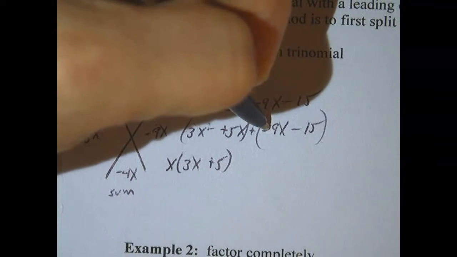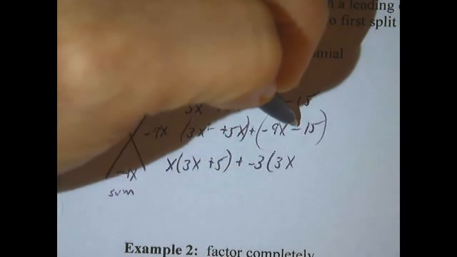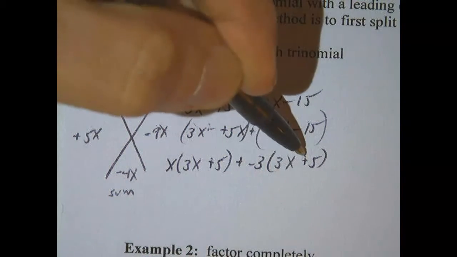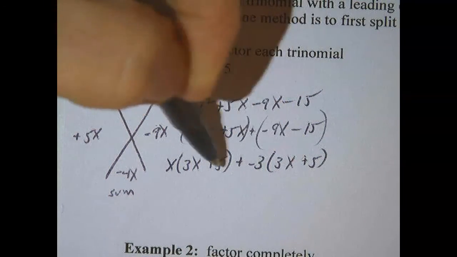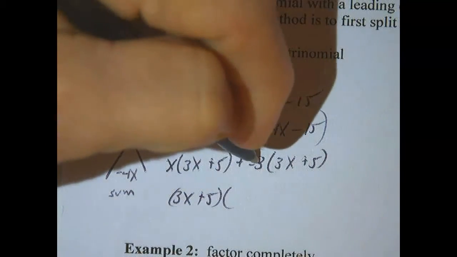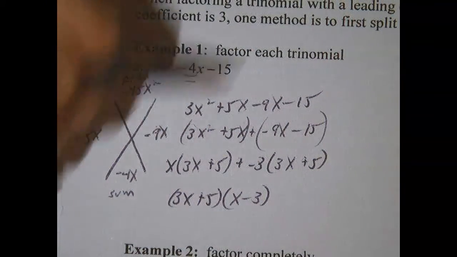So I'm going to pull out that -3 in front, so plus -3 times, and I have 3x plus 5. Notice they're both 3x plus 5. So I have 3x plus 5 as my GCF times x plus -3, or x minus 3, and that's it, fully factored.